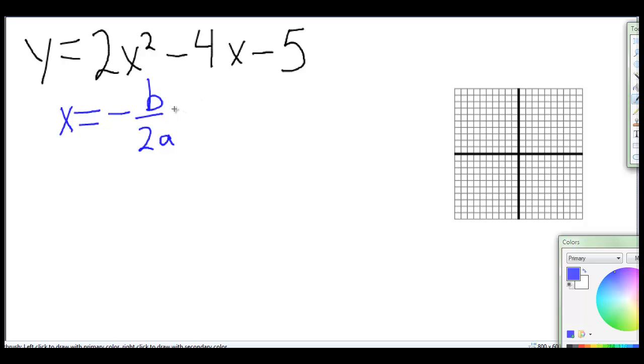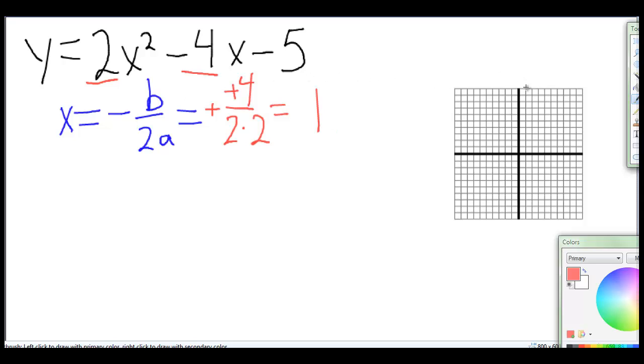In this equation, our b is negative 4, so we have negative 4 over, and a is 2, so we have 2 times 2, and that gives us, changing these both to positive, a value of 1. So our axis of symmetry is 1.